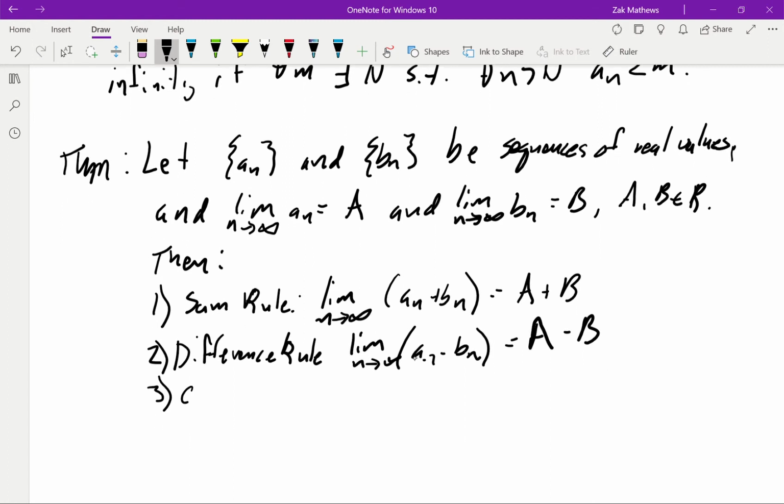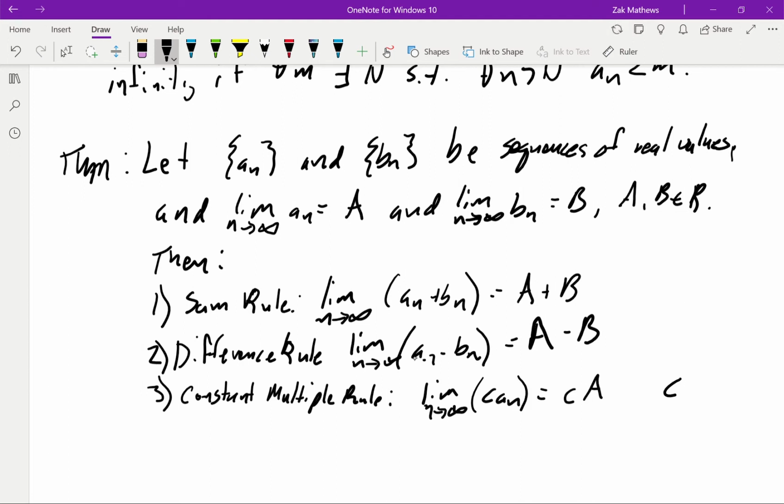If we have constant multiples, constant multiple rule, so the limit as n goes to infinity of c times a_n is equal to c times A, where c is just any real number, just a constant multiple.